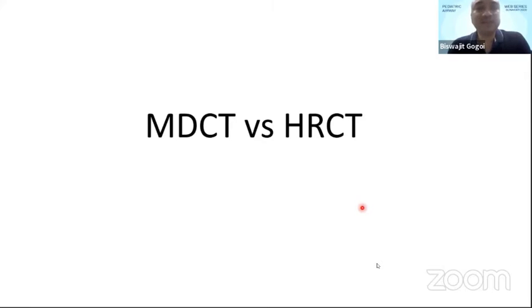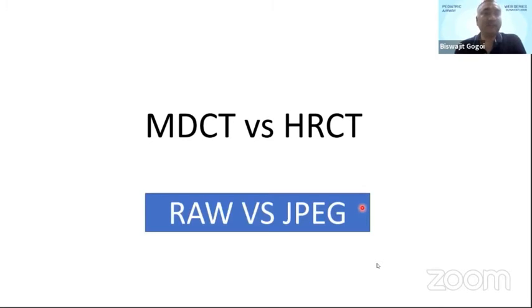So MDCT versus SRCT. For CES, I always thought it was SRCT, and I did not get that much technical detail between MDCT and SRCT. Basically, MDCT gives a raw image, and SRCT is software; nowadays these machines mostly go with MDCT and can format the SRCT.